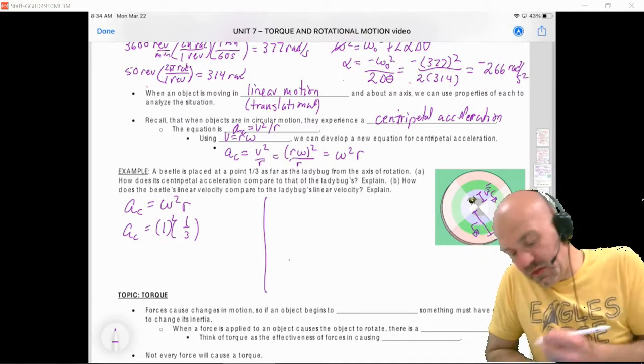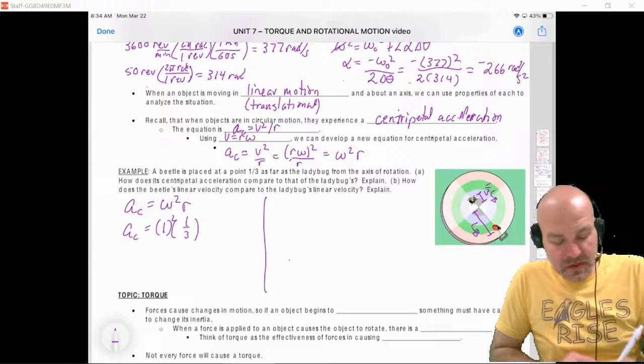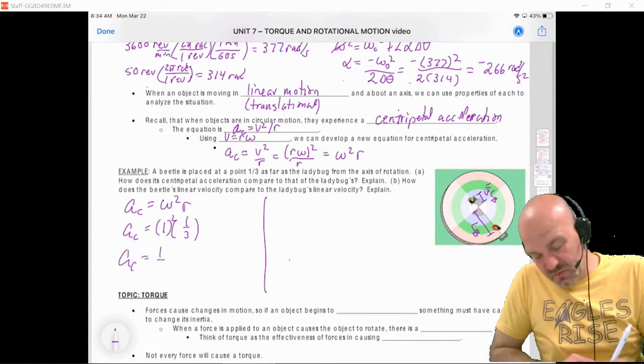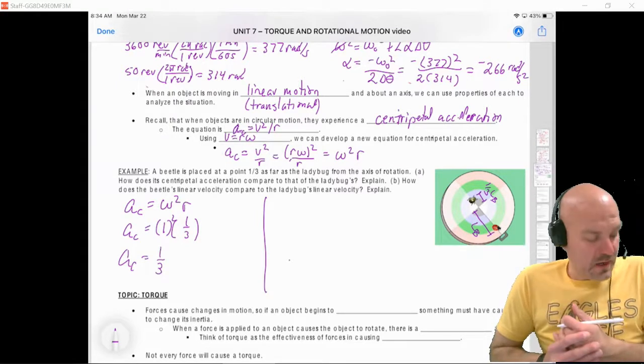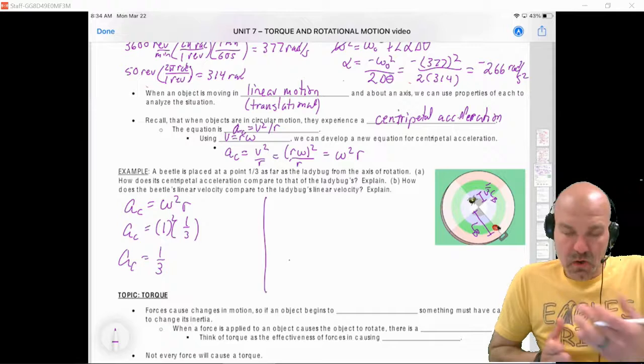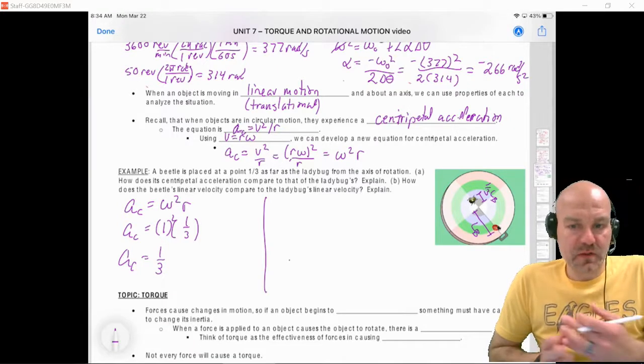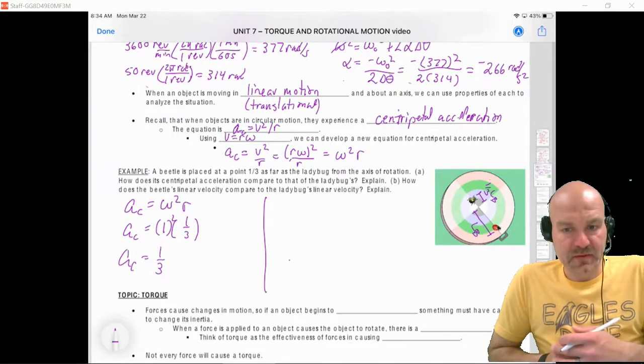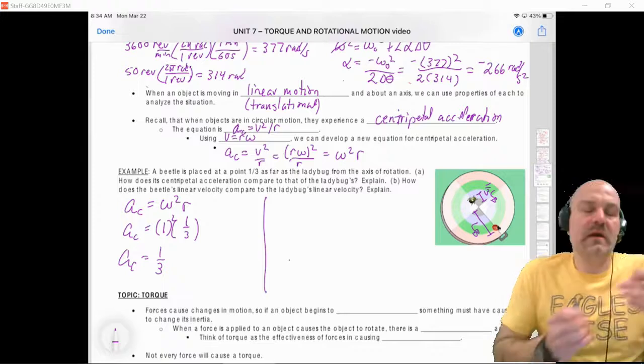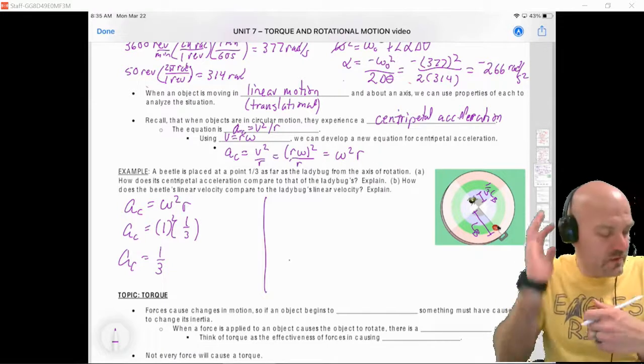We'll call that LB for ladybug, okay? And so their centripetal acceleration will be 1/3, okay? And why is that? It's because they're 1/3 of the radius away from the center of rotation. Okay.